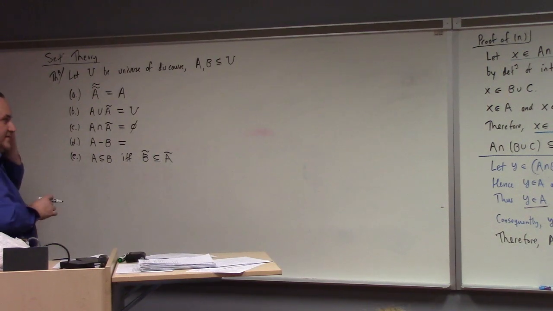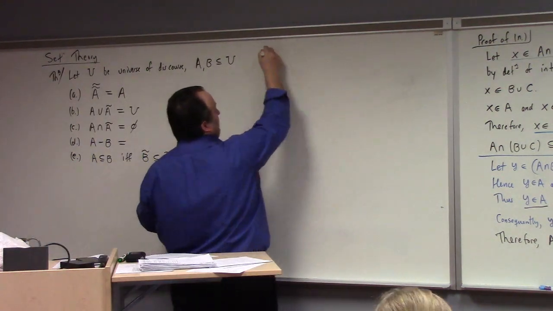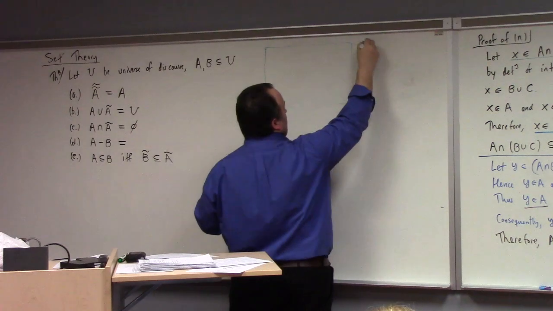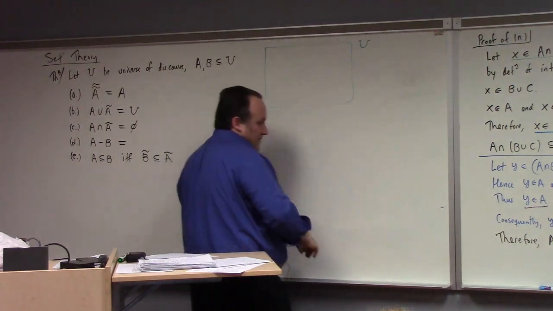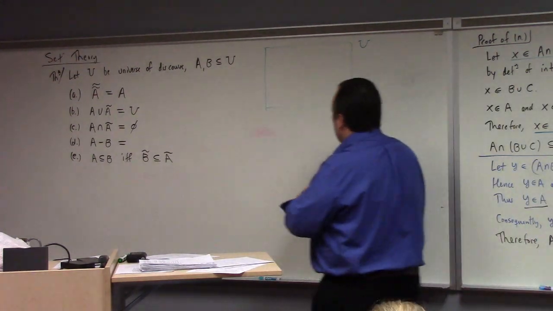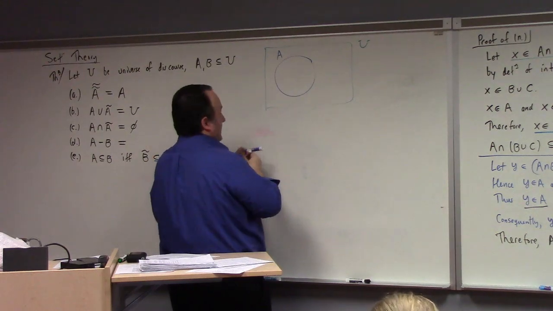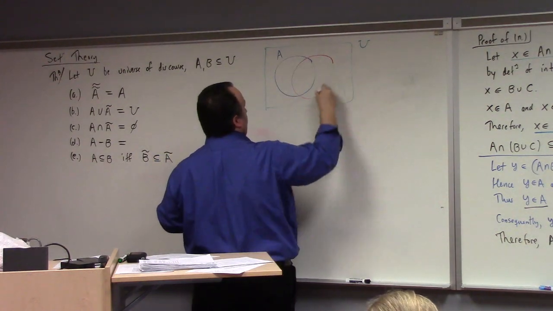Now let's draw a picture of A minus B to see what we're going to write down. So if this is the universal set, here's A, here's B.